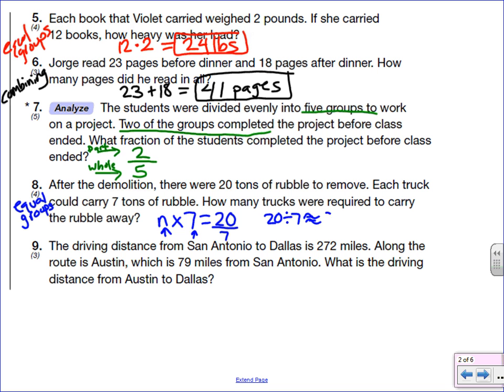So it is about equal to 3 trucks. You could also think of it as the first truck comes by and takes 7, which leaves 13 tons. The next truck takes 7, which leaves 6 tons. And you still have 6 that need to get picked up by the last truck. So 3 trucks.